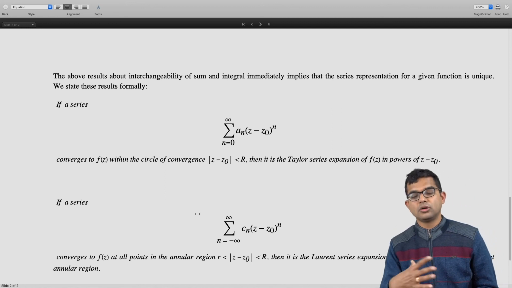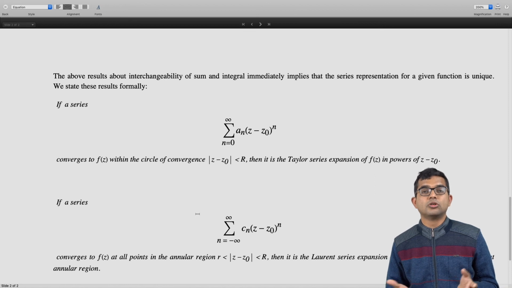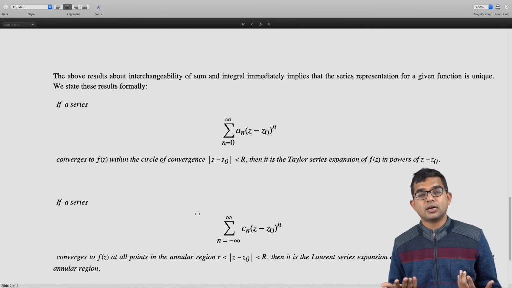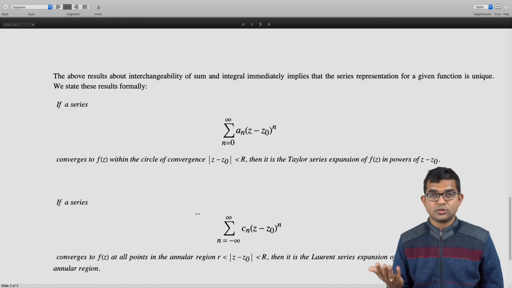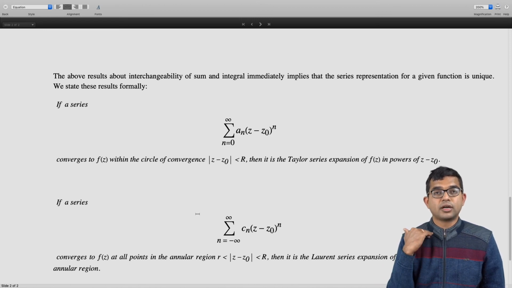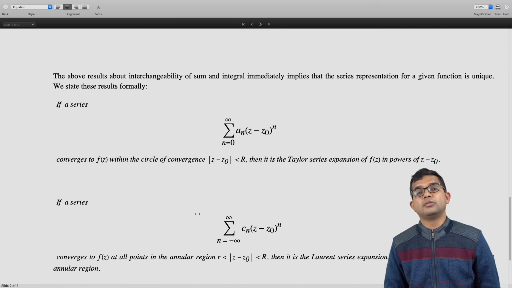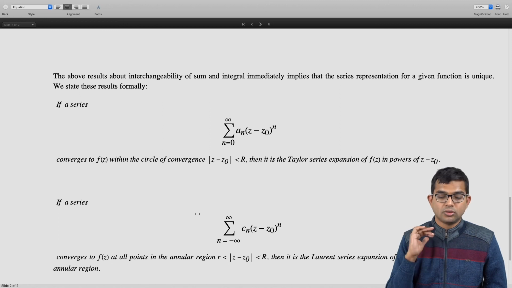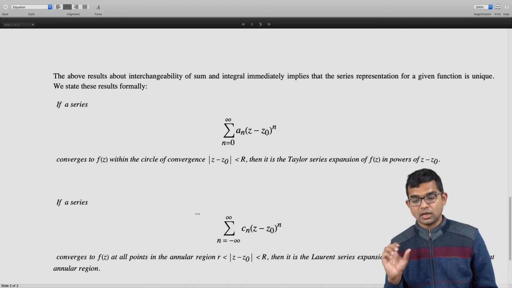So ultimately all of these results go back to the fact that the contour integral of 1 over z dz about the origin is 2 pi i, but the contour integral of any other function z to the n dz, doesn't matter whether n is a positive integer or a negative integer other than minus 1. So 1 over z alone is special, and that will give you a constant 2 pi i.